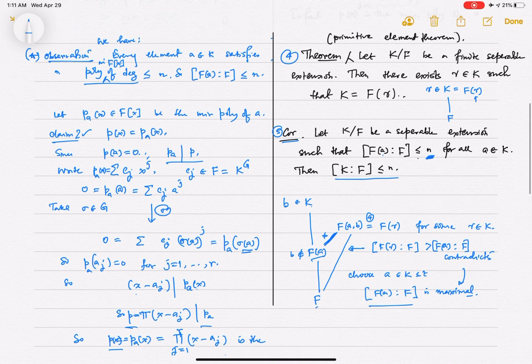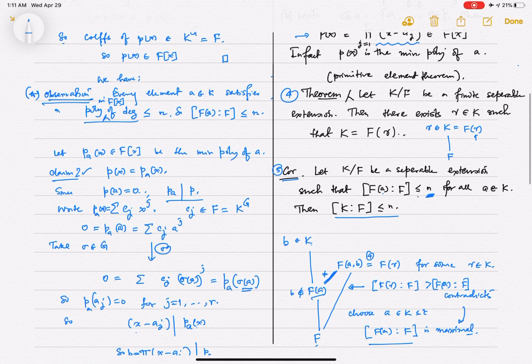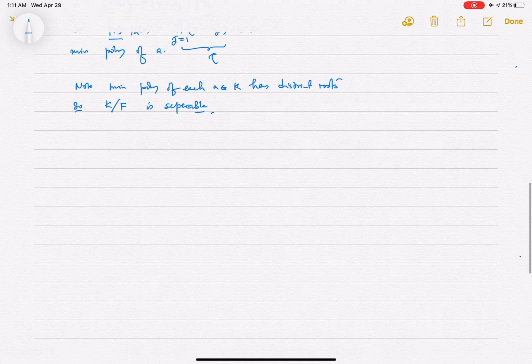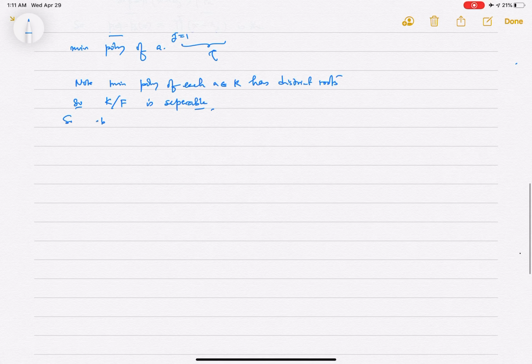And now we bring in this observation, star. We have a separable extension, and for every element, the degree of the extension obtained by adding it is less than or equal to n. So by observation star and corollary 5, the whole extension has degree less than or equal to n. So in particular, it's finite.